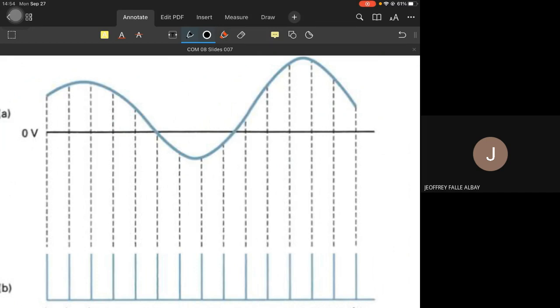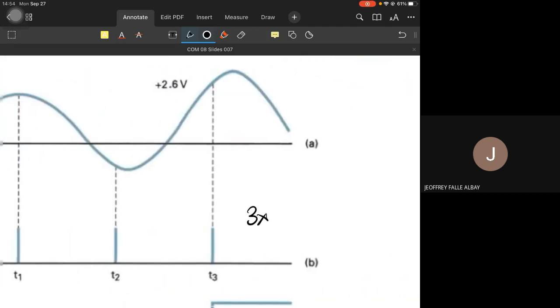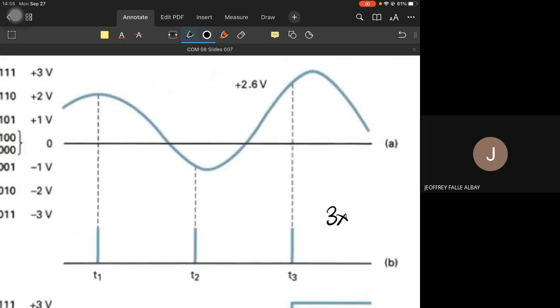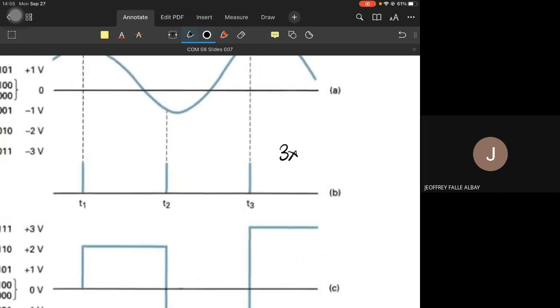So 5 times the earlier. So we could expect a much more accurate output PAM signal compared to earlier.